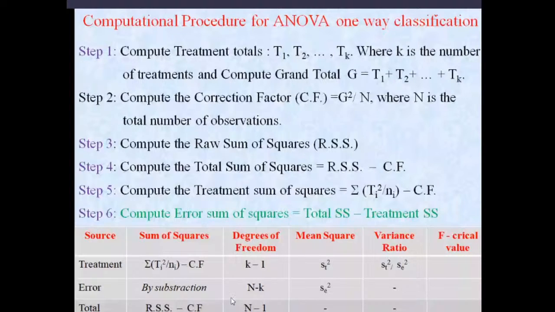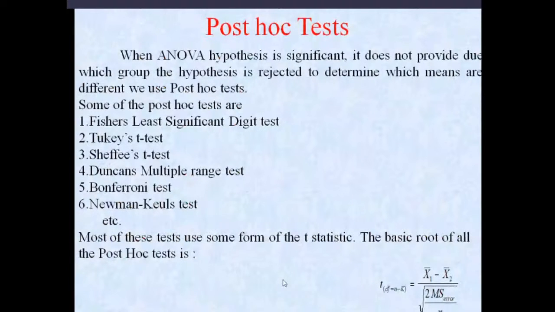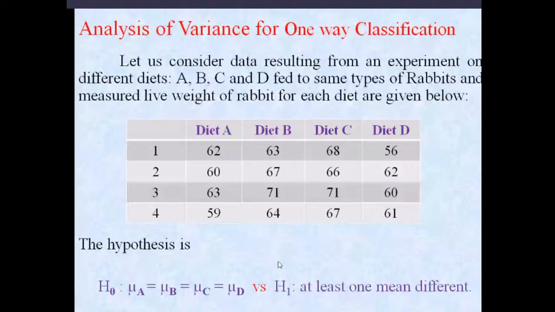Now I will go for one of the data. Let us consider data resulting from an experiment on different diets A, B, C, D, fed to the same type of rabbits.